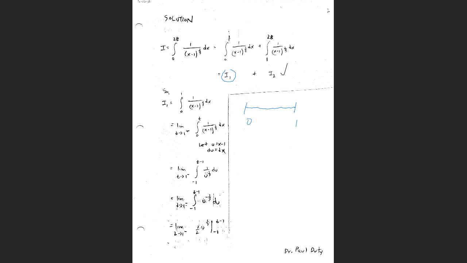Of course the 1 is where the problem is. So I'm going to replace the 1 with a t. How am I approaching 1? I'm approaching 1 from the left, so t approaches 1 from the left.